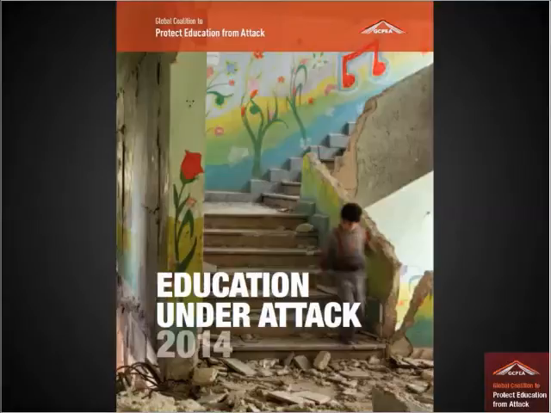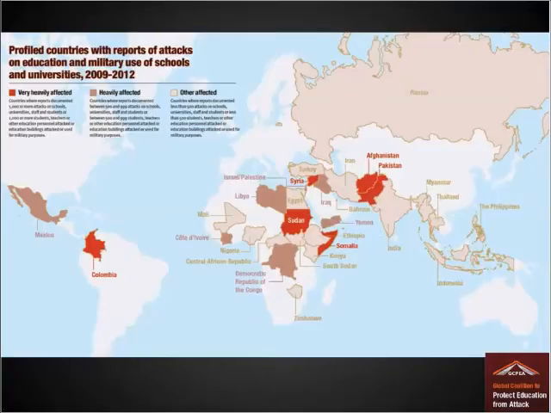But what we found in our report is that between the period of 2009 to 2013, there were 70 countries in which attacks on education took place, and in 30 of them, there was a significant pattern of attacks. So this is a map of the 30 countries that I'm talking about.